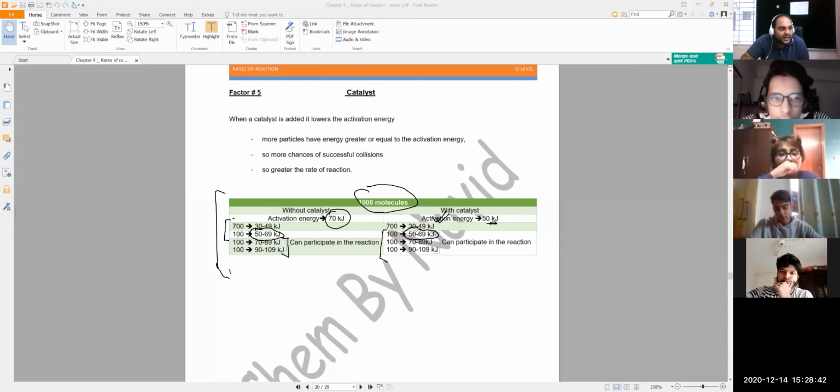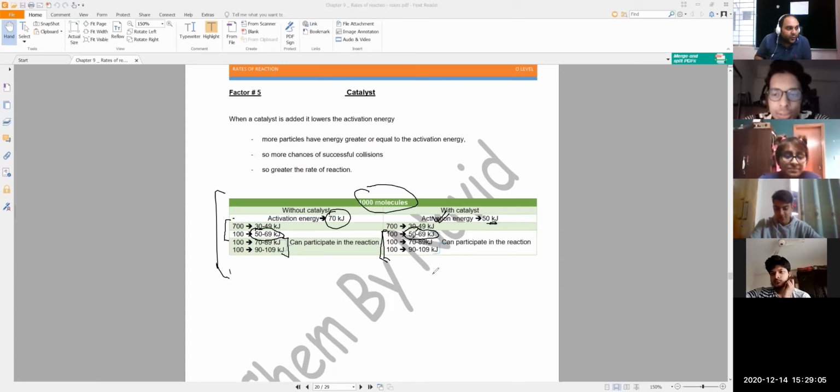Because now the activation energy is lowered by use of a catalyst. So now even they have energy greater or equal to the activation energy. So now more number of particles have energy greater or equal to the activation energy, more chances of successful collision, greater the rate of reaction.